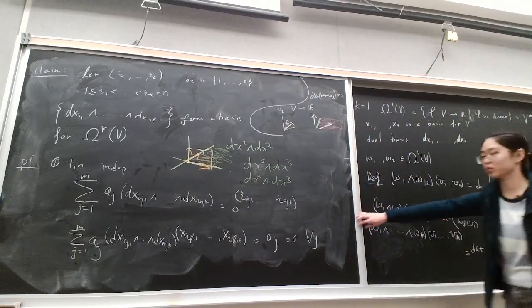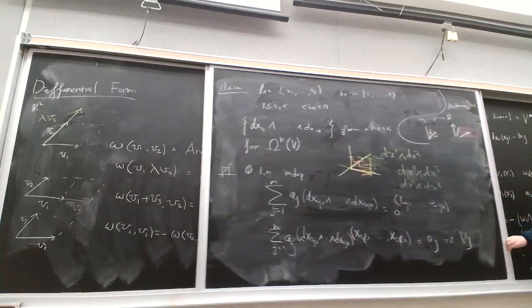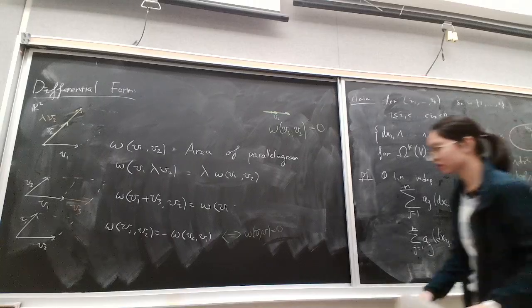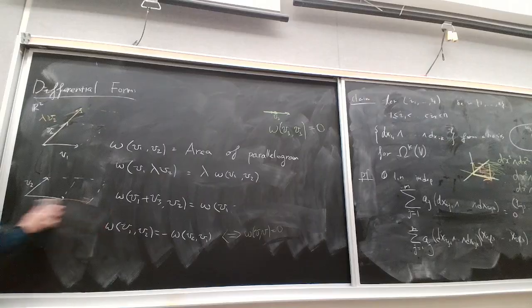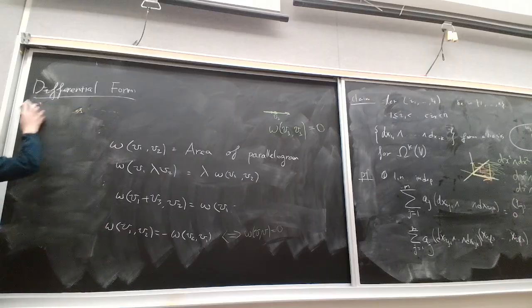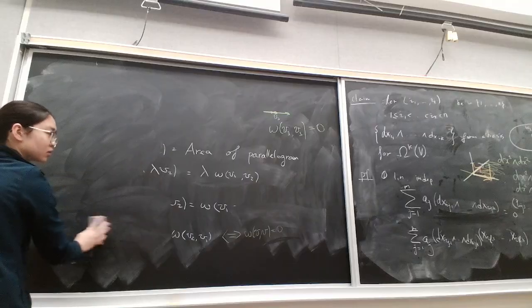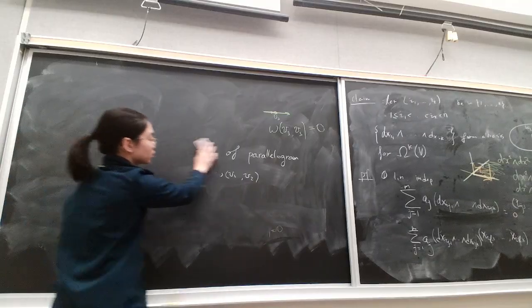Okay, and then we will proceed to the next part of the proof where we show that it spans. You know, this picture with differential forms, that it's actually a projection onto some subspace and computing the volume there.